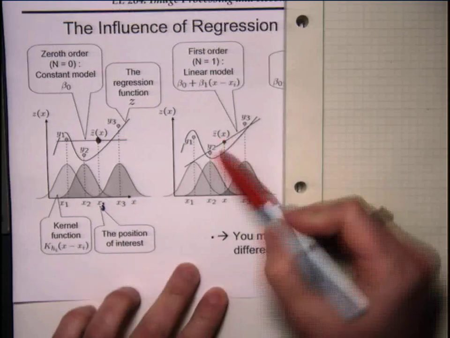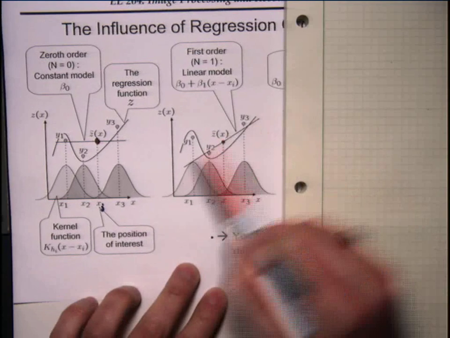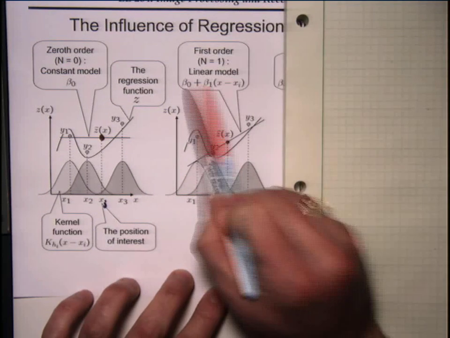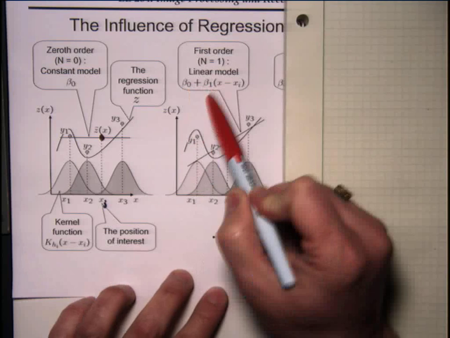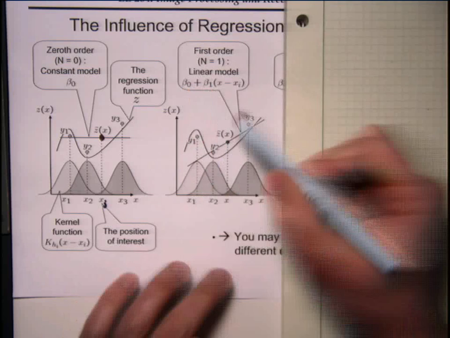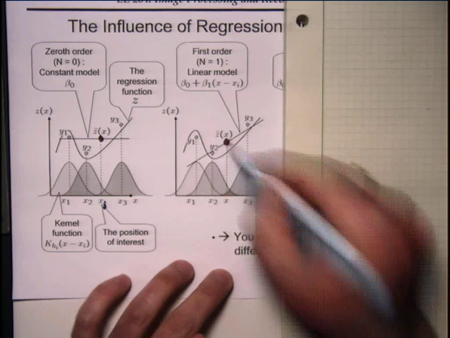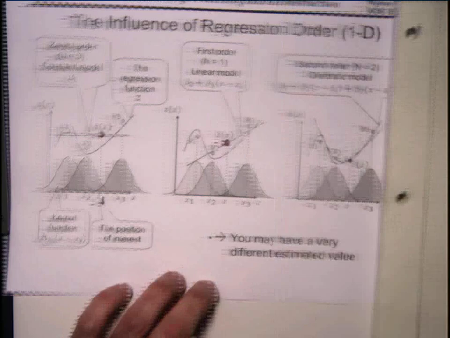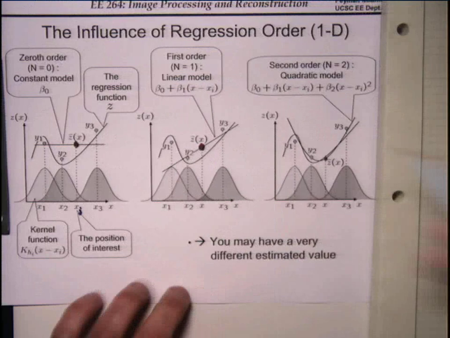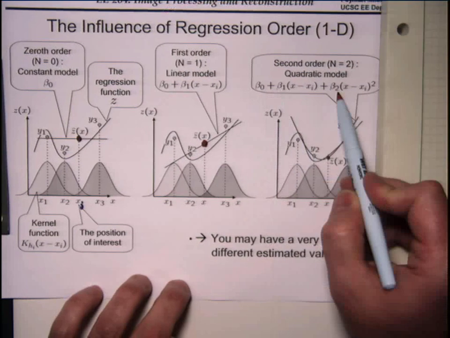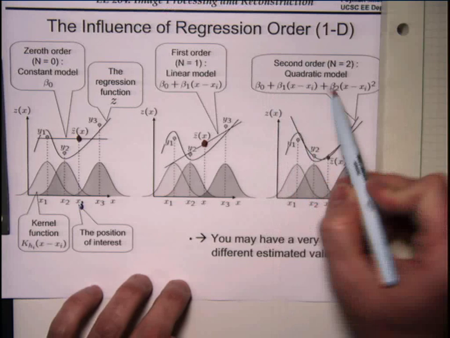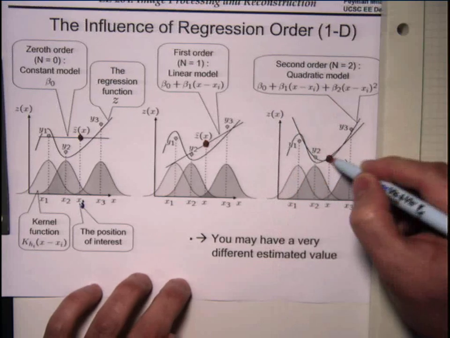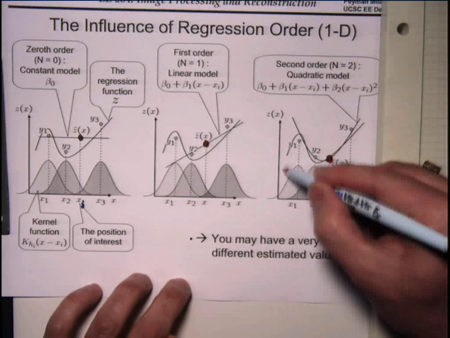Now what's going to happen is you're going to allow this fit to be a line, and you're going to fit beta 0 and beta 1, keep beta 0, throw away beta 1, and what you're going to get is this point instead. Okay? Now let's go to quadratic and see what happens. Now if you go to quadratic, now you have 3 coefficients. You can estimate all 3, you're going to throw these 2 away, keep that one, and now you get this value. Look how much closer to the true curve you got.